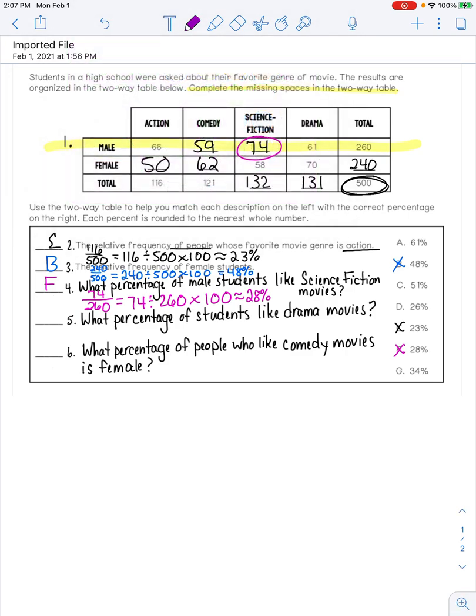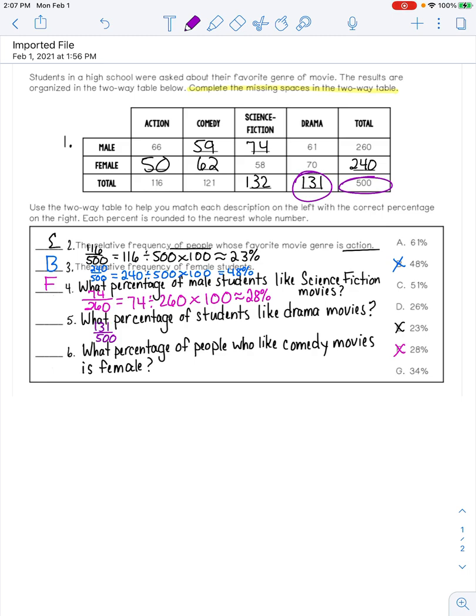Number 5, what percentage of students like drama movies? So since it didn't give me a specific group as my whole, I'm going to use my 500. What percentage of students? That means of all the students. And out of that 500, how many like drama? Well, here's my drama. The total for drama is 131.